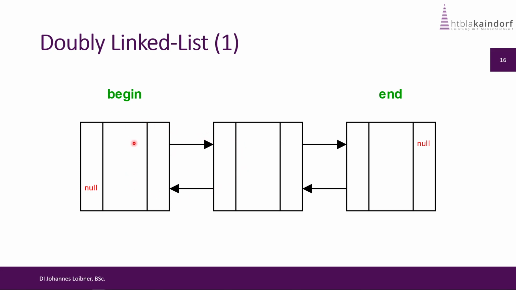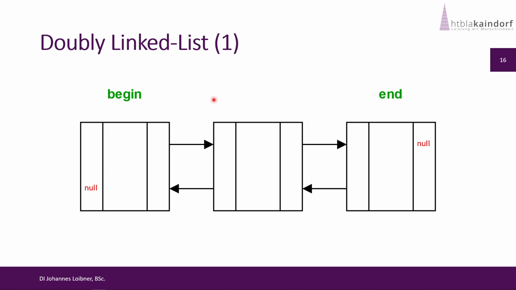So we have one pointer to the successor of the element and always one pointer to the predecessor of the element. So we have two references every time, which means that the end of the list has a null reference to the next element because there is none. And the head node has a null reference to the predecessor because there is no predecessor. That's a doubly linked list.